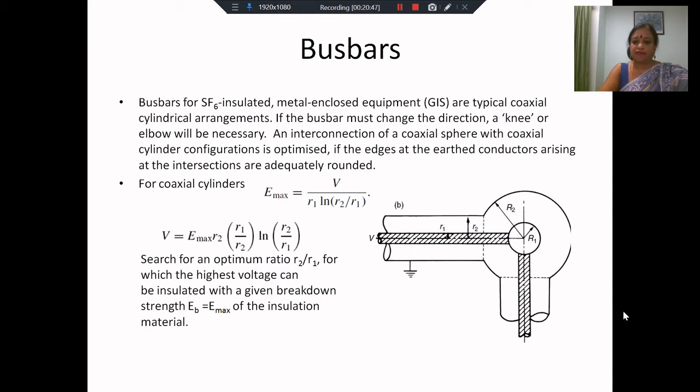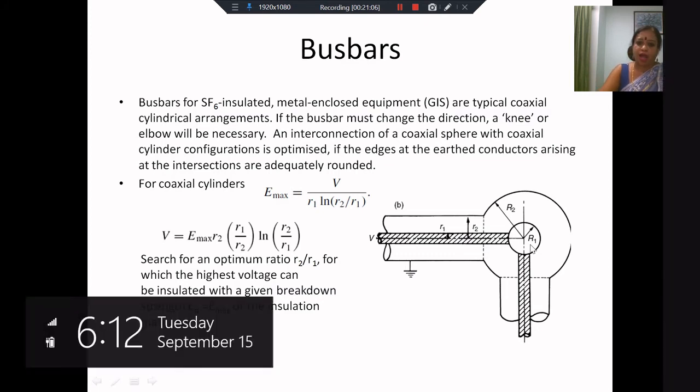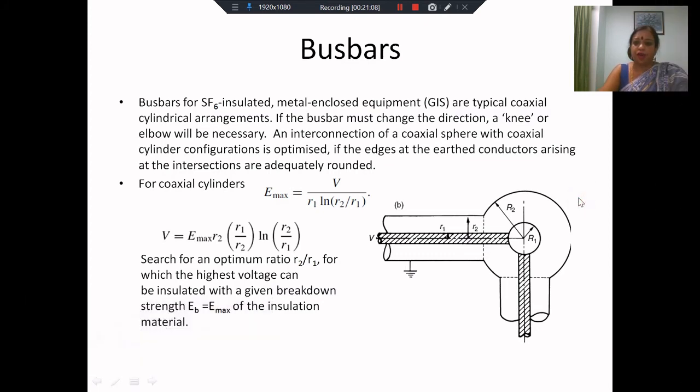If you need to turn, you have a bus bar going in this direction, and then another bus bar connected at 90 degrees. At the joint of these two bus bars, because you need to change direction, you will have a knee or an elbow, where you have an interconnection of a coaxial sphere with a coaxial cylindrical configuration.